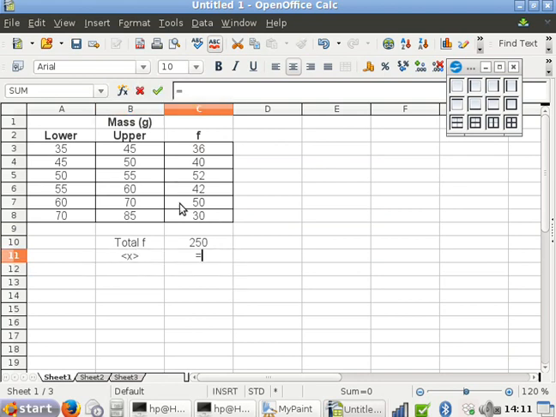The formula is, I haven't worked out the midpoint yet. So I need to work out the x, which will just be the middle of the lower and the upper.